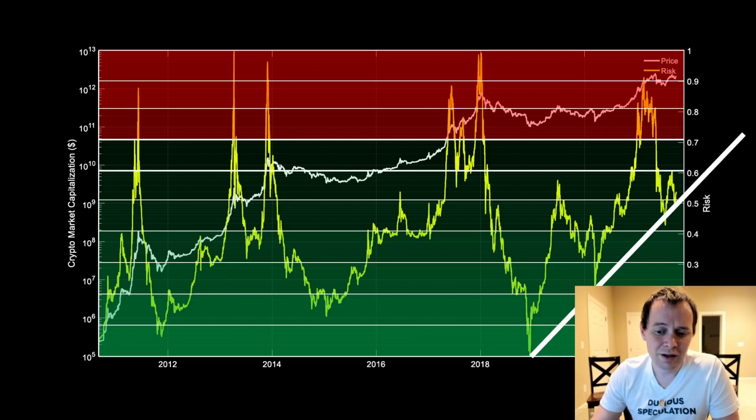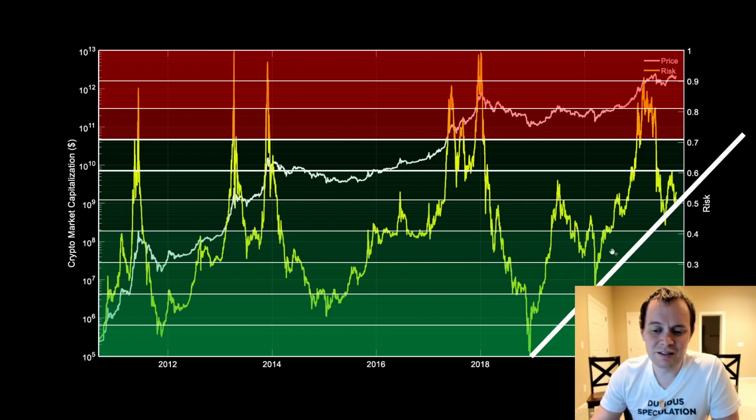We're talking about going on 3 years now where the total cryptocurrency asset class market capitalization risk metric has been putting in higher lows. It's possible that the next higher low could be at 0.7 risk. These things are certainly possible, so we'll just have to keep that in mind.